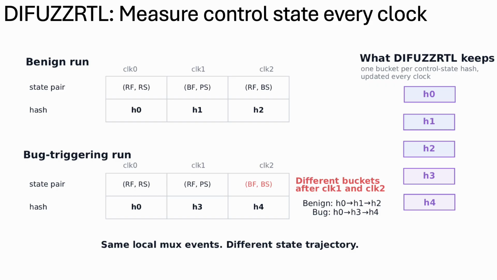And each cycle that pair is hashed into a state bucket and marked as seen. That's shown on the right side. So now the benign and bug triggering runs diverge pretty much immediately because their state trajectories diverge and they end up hashing to different buckets.